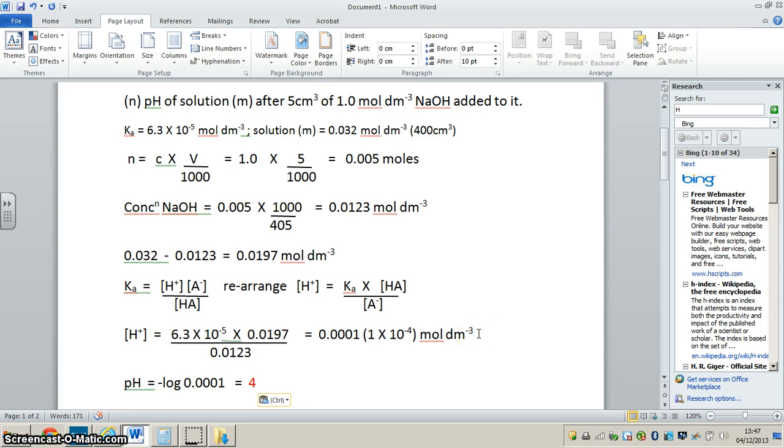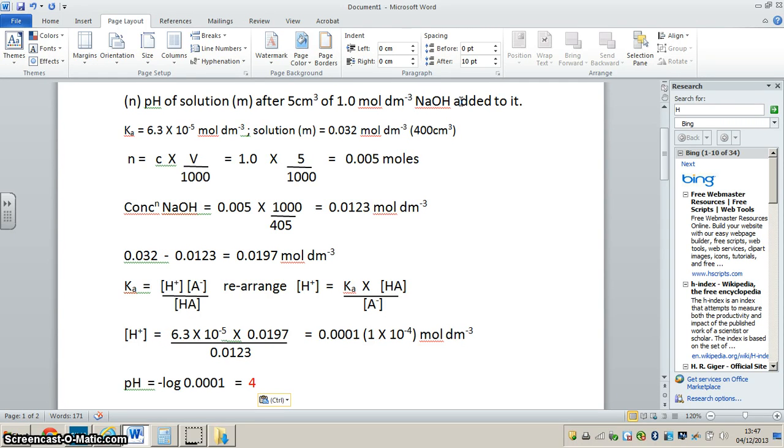And then pH is simple. All we need to do is take the negative log of this value, and if we do that, we get a pH of 4. So in summary, the pH of solution M after adding 5 centimeters cubed of 1 mole per decimeter cubed sodium hydroxide to it is pH 4.